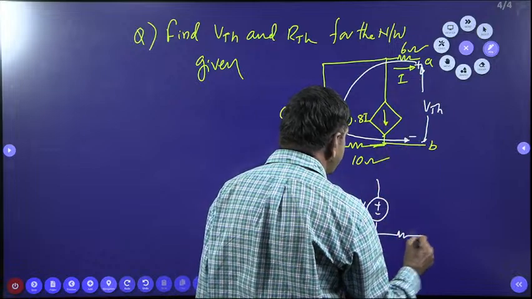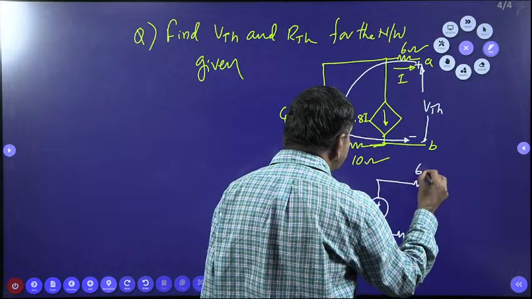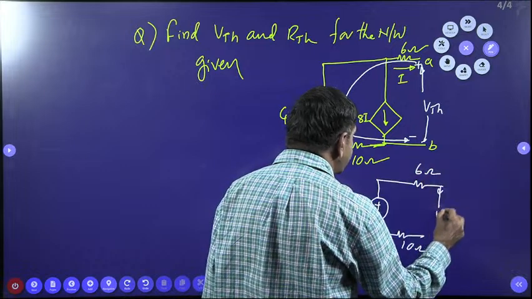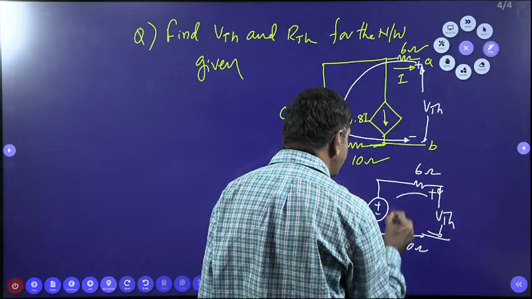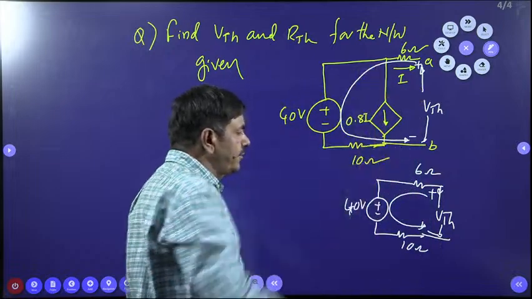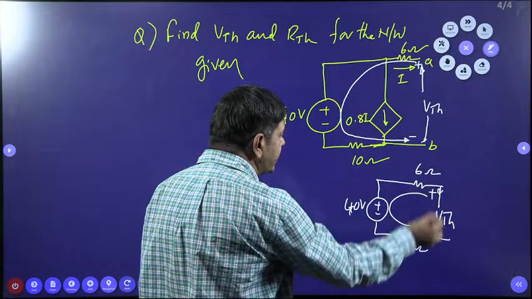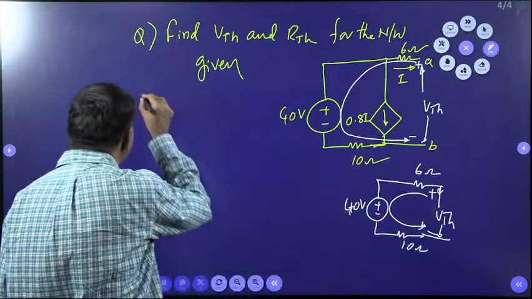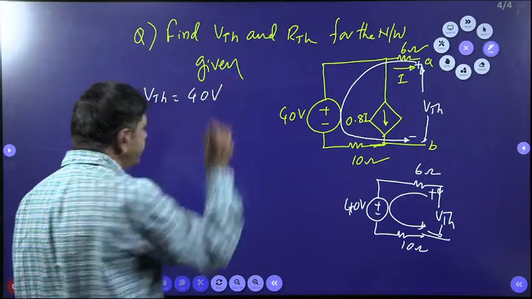Only 10 ohms I can find. I will get here a 6 ohm resistance. This is exactly VTH. I0, current becomes 0. Current 0 means open circuit. Drop across 6 ohm is 0, drop across 10 ohm is 0 because it is an open circuit. VTH is 40 volts. Very good. VTH 40 volts I am getting.